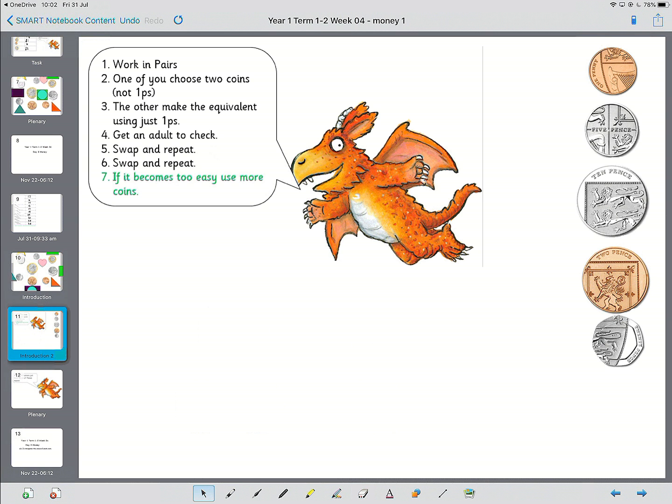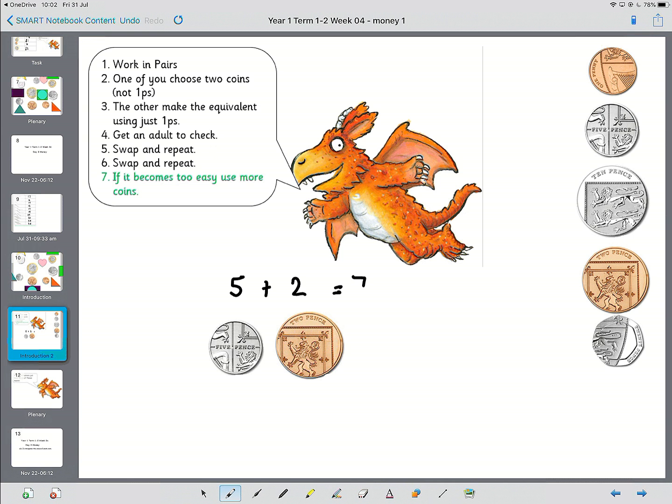Okay, this time we're going to use a 5p and a 2p. So what we're doing is we're writing 5 plus 2, which equals 7p.